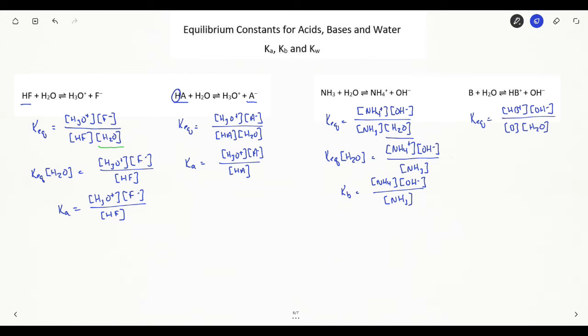Of course, to go from our KEQ to our Kb, we take our concentration of water over to the left-hand side. And there is our generic expression for a base.